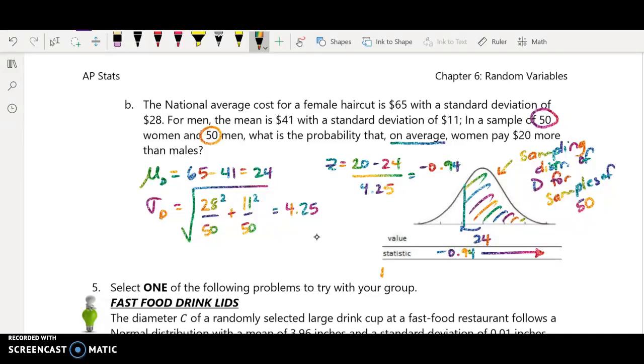So the area to the right there, so the probability that Z is greater than -0.94 is probably close to, let's see, 50 plus 34, so 84, using my 68-95-99.7 rule. All right, so -0.94.